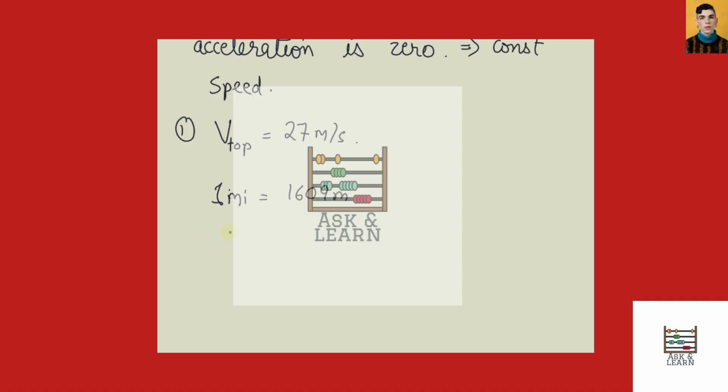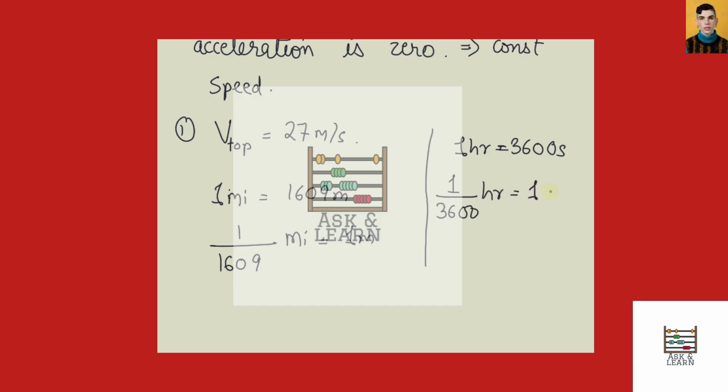So if I divide both the sides by 1609, I get 1 divided by 1609 miles is equal to 1 meter. And in the same way, I know 1 hour is equal to 3600 seconds. So if I divide both the sides by 3600, I get 1 divided by 3600 hour is equal to 1 second. Now I can plug this over here.